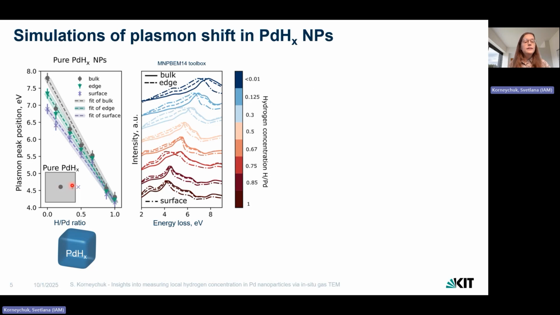So basically, the signal at the surface is always lower than the signal in the core, even if the concentration is the same. So that should be taken into account when evaluating the experimental data. And the signal in the core could, in principle, be approximated with this linear equation.